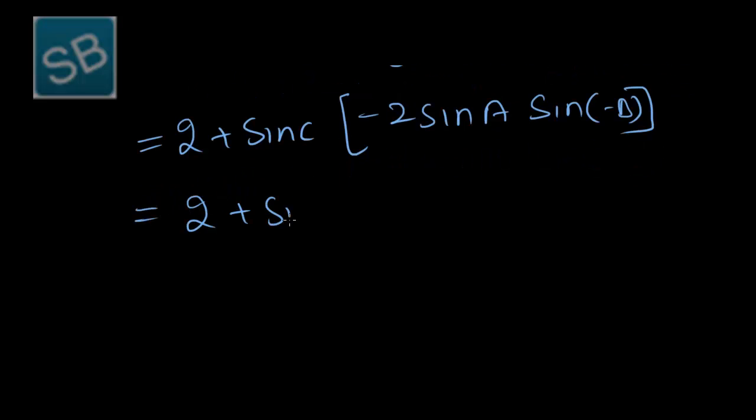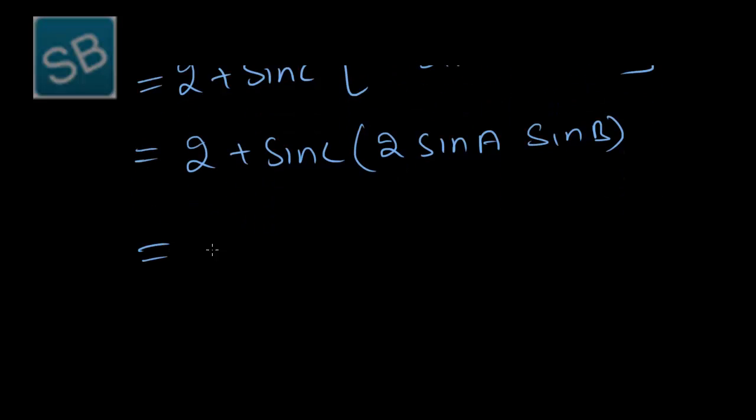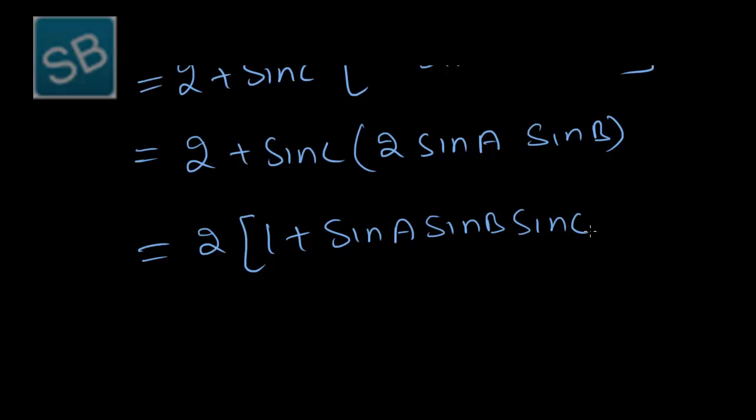So 2 plus sin c into 2 sin a, because sin of minus b is minus sin b, so minus minus becomes plus. So we get 2 is common out, 1 plus sin a sin b into sin c, which is equal to the right hand side.